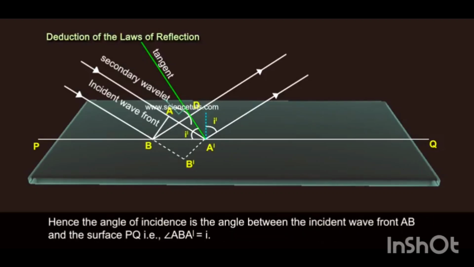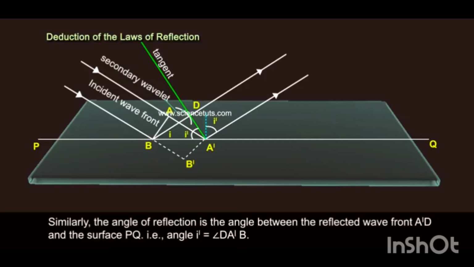Hence, the angle of incidence is the angle between the incident wave front AB and the surface PQ, that is, angle ABA' equals i. Similarly, the angle of reflection is the angle between the reflected wave front A'D and the surface PQ, that is, angle i' equals angle DA'B.